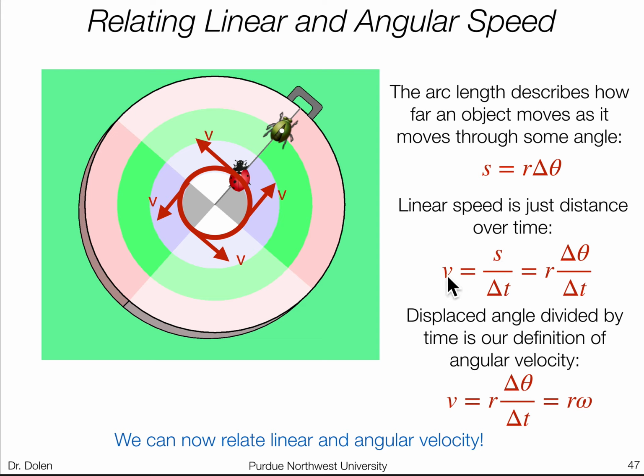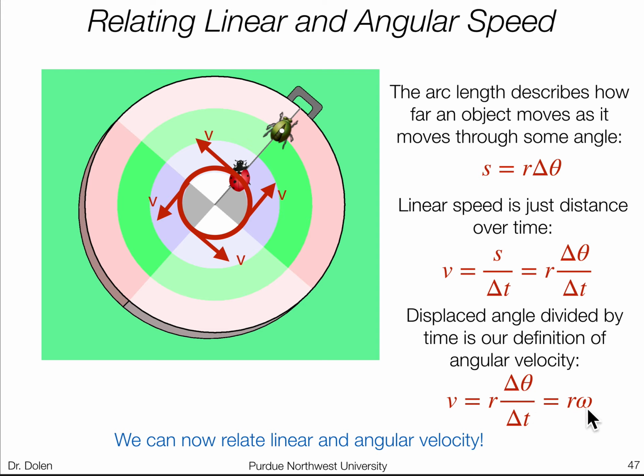So this is our linear speed. And we have an equation for s. It's r delta theta. So I end up with this equation. And I just note that delta theta over delta t is what omega is. This is our definition of angular velocity, a change in angle in time. So I can replace delta theta divided by delta t with just an omega.